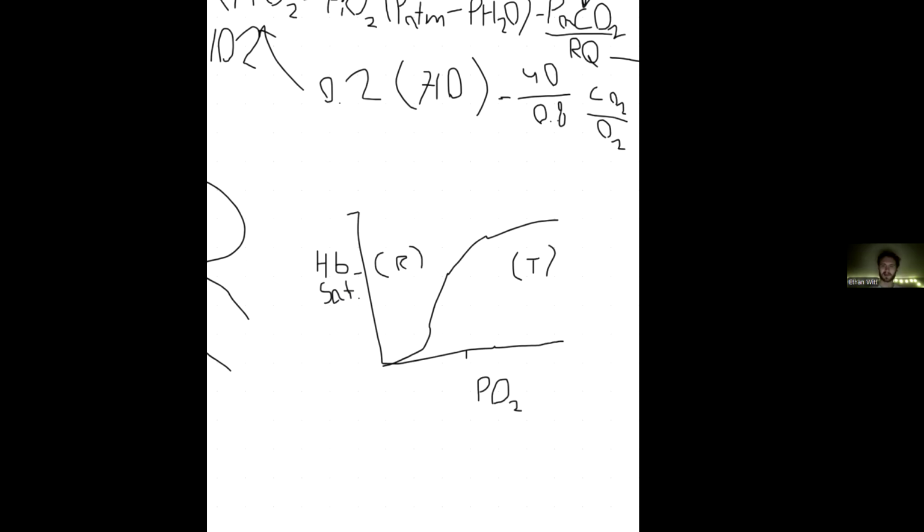So this is a bit of a sigmoidal curve that we see here. It sees its steepest increase as we're reaching around 40 mmHg, I believe. I want to make sure that's right. Yeah, that's at our resting state, which is about 40.